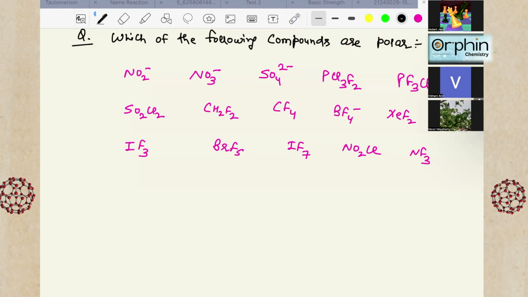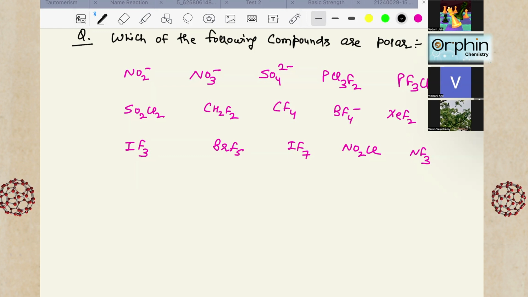If you handle these two better, then overall your paper will be good. So focus more on organic and inorganic because they take less time to solve, and you will be able to solve most of the questions. In physical chemistry, you have to find the exact value in the numerical questions, and there the chances of mistakes are more.